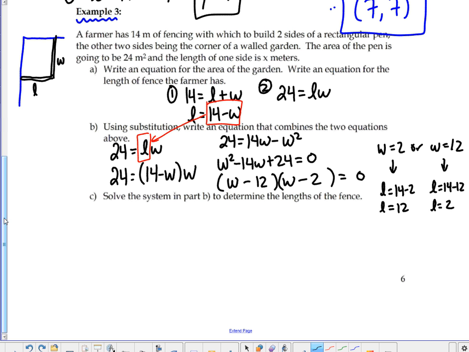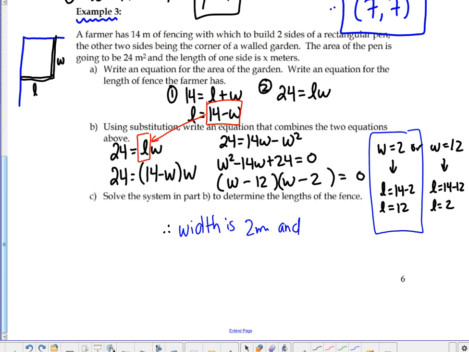Is that not just the same thing? Yeah, so there's actually just one solution, because which one's the smaller side? Our width, right? So therefore the width is 2 meters, and length is 12 meters. Easy?